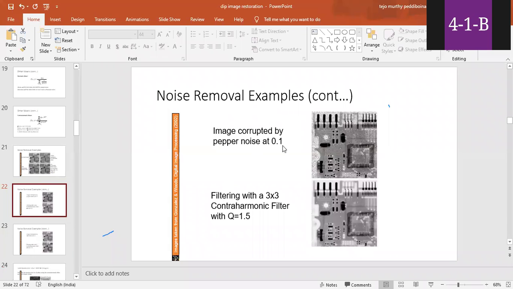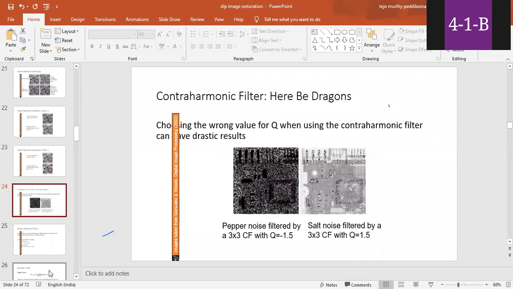The image corrupted by pepper noise is as shown here. Filtering with the contra harmonic filter with Q equal to 1.5 almost eliminates the pepper noise. You can observe. Pepper noise filtered by 3 by 3 with Q equal to minus 1.5, and salt noise filtered by 3 by 3 with Q equal to 1.5.